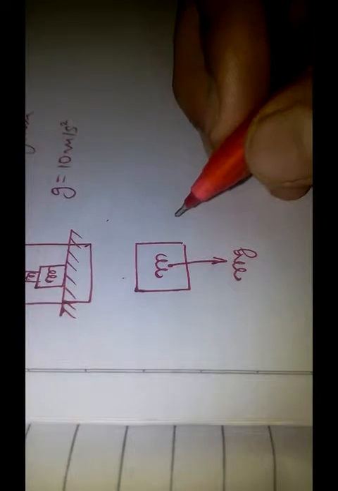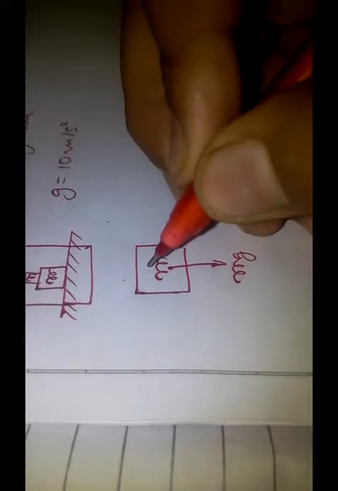First we will draw the FBD of this block of mass m. This is the block of mass m, its weight we will draw as mg, and for the normal force, this is denoted as N, which means it is the reaction force of mg.